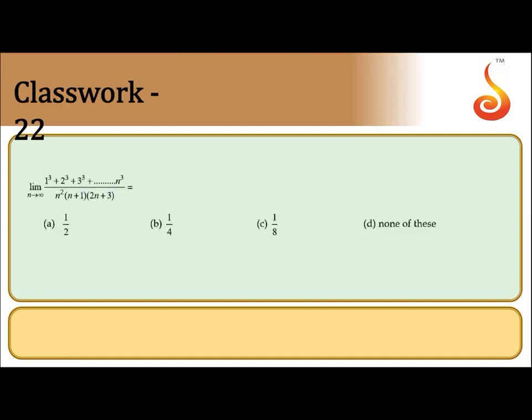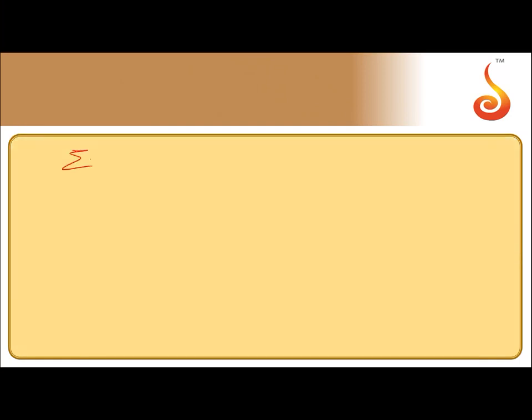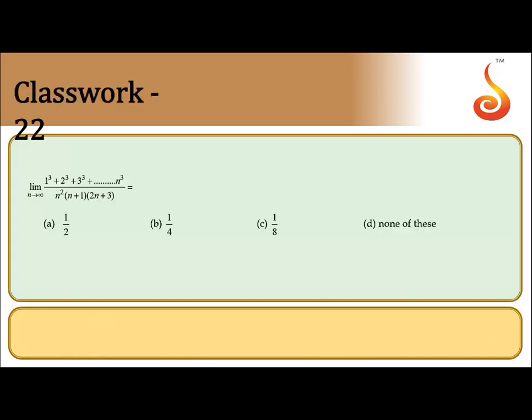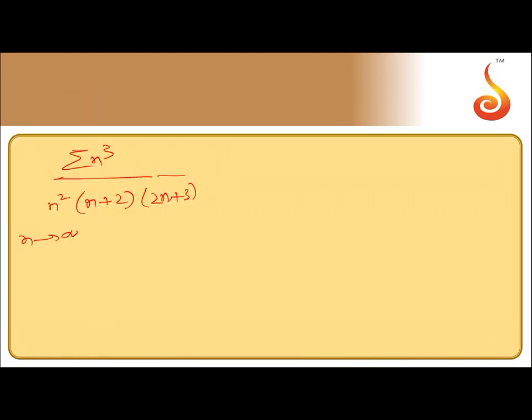Coming to the next one, 22nd, a similar problem; we have done it already. As I said, it is a sigma n divided by n square. Here, we have a sigma n cube. So, therefore, it is sigma n cube divided by n square multiplied by (n plus 2) into (2n plus 3), as n tends to infinity. This we need to evaluate, the limit value. Why not you simplify this problem like this?